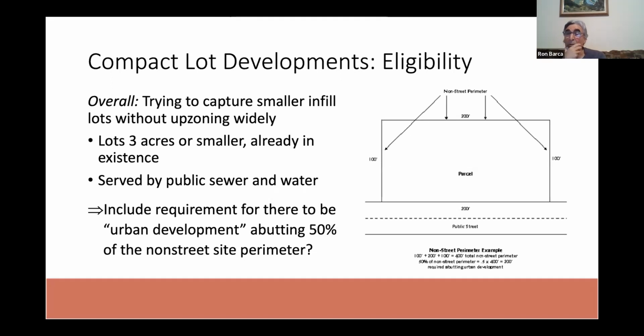And it's a problem in infill. And I think in the context of what we're really trying to get to, if we're at this point in time in the comp plan and we have urban services to an area of 3 acres, and it hasn't developed, there's something wrong with it that we need to help it along with.